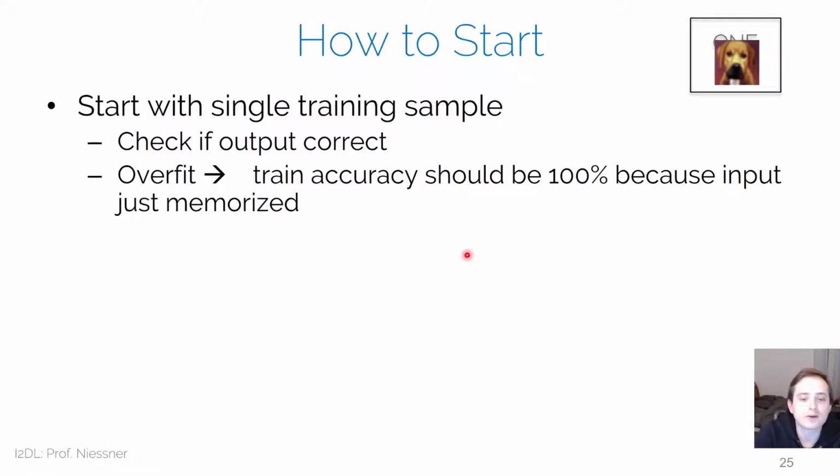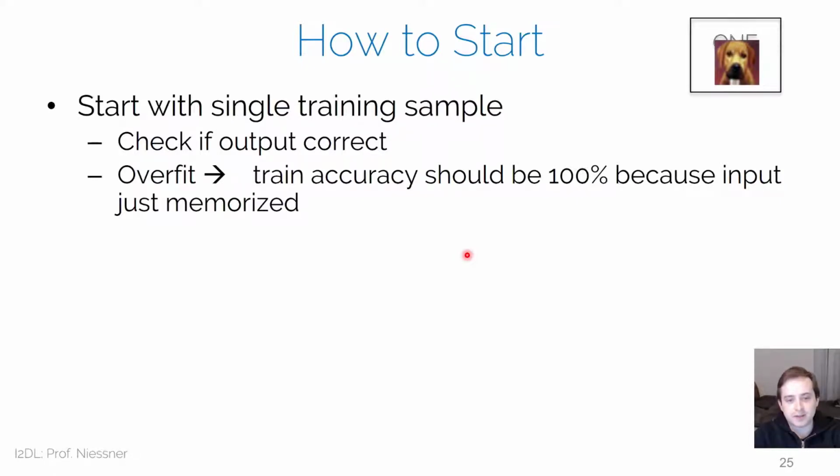So how do you start with this exercise, or in general, how do you start training neural networks? The first thing to do that's very important is to just start with a single training sample. You never take your entire data set and try to train a neural network on it first thing.